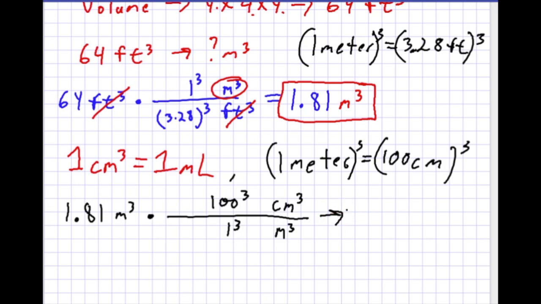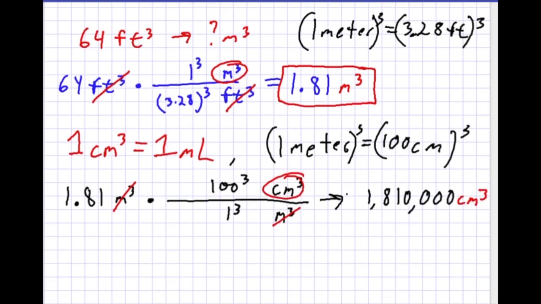Go ahead and multiply this through. I'm going to end up with a ginormous number. So 1.81 times 100 cubed gives me 1,810,000, and it's 1,810,000 what? Well, meters cubed are canceled out, so I'm just left with centimeters cubed.